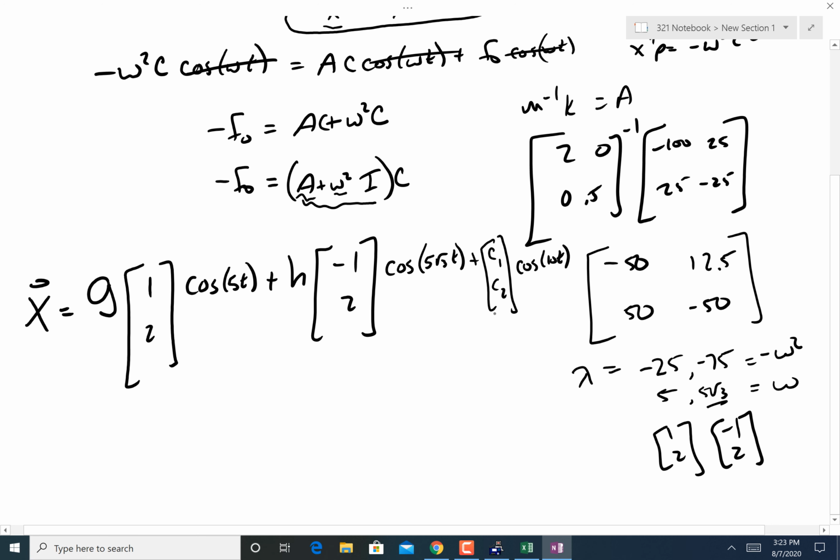This is our particular solution. These guys here will be our complementary solution. Is everyone good on that?